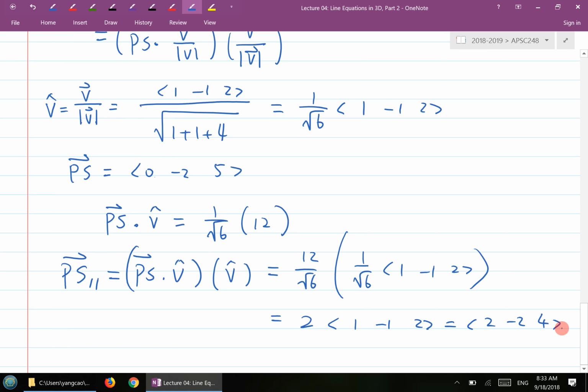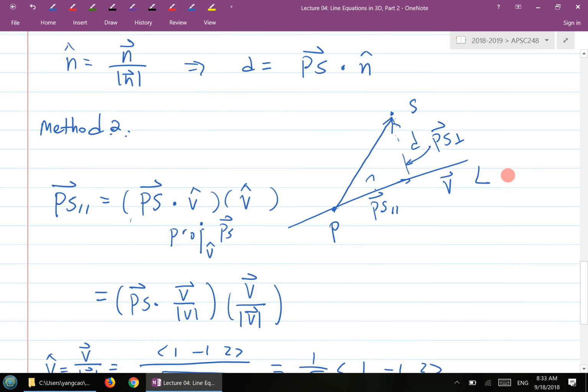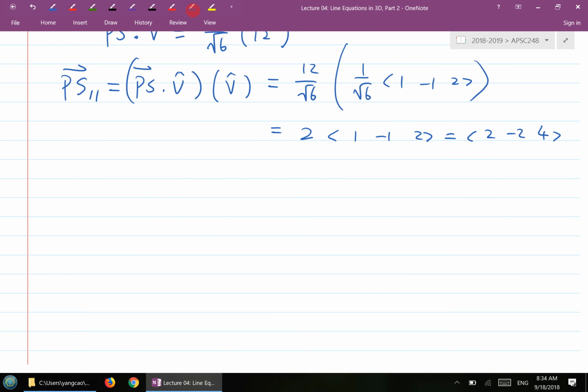Once you get the PS parallel, then you go back to the drawing here. You have a triangle with 3 sides, the 3 vectors, with the directions pointing as illustrated. So PS perpendicular is basically PS minus PS parallel.